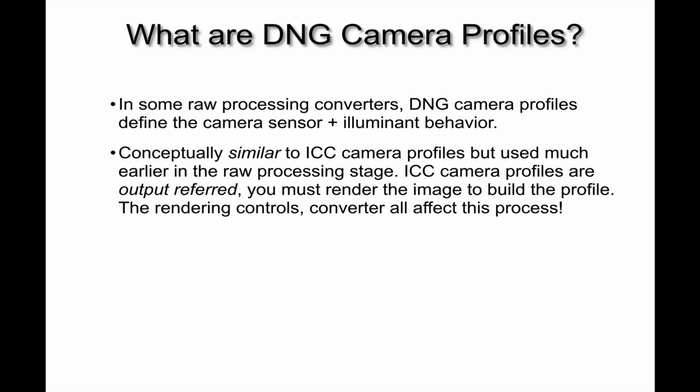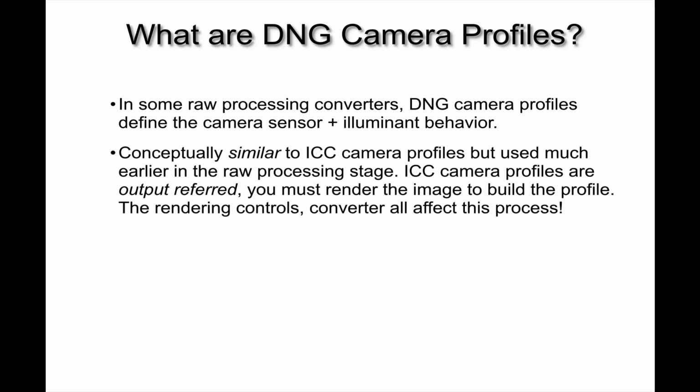DNG camera profiles are very conceptually similar to ICC camera profiles that are used in other RAW converters. The big difference is that DNG camera profiles are built to define or fingerprint the behavior of a camera much earlier in the processing stage than ICC camera profiles.